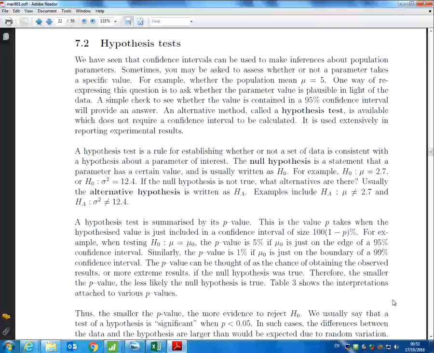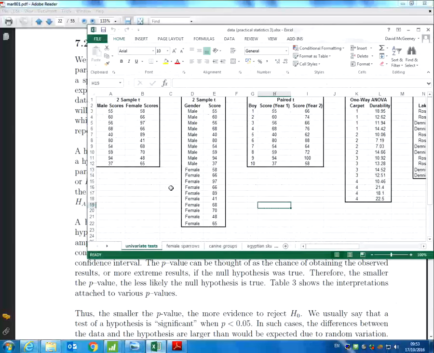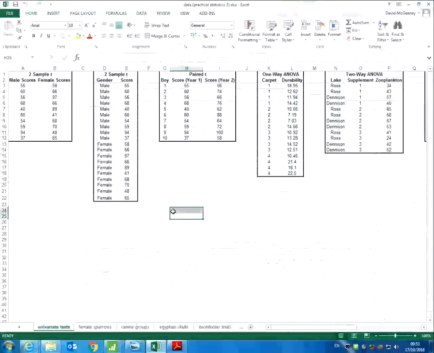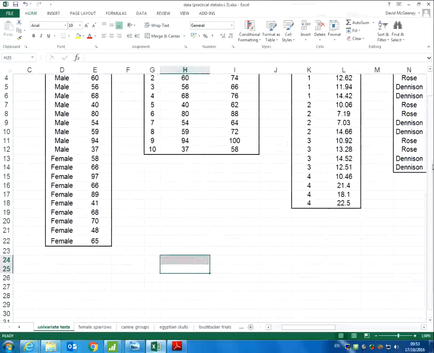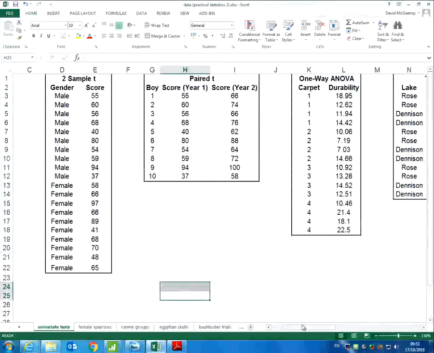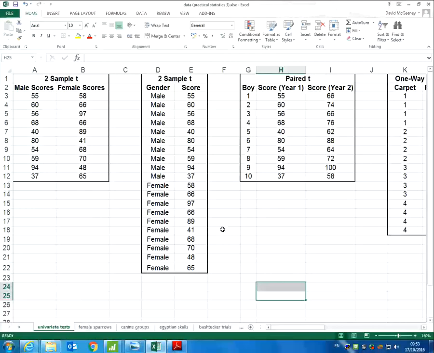So in the computer practical that we'll do shortly, we'll focus more on two sample tests. So I want you to imagine that we've got boys and girls, okay, 10 boys, 10 girls, and they've taken an exam in maths.